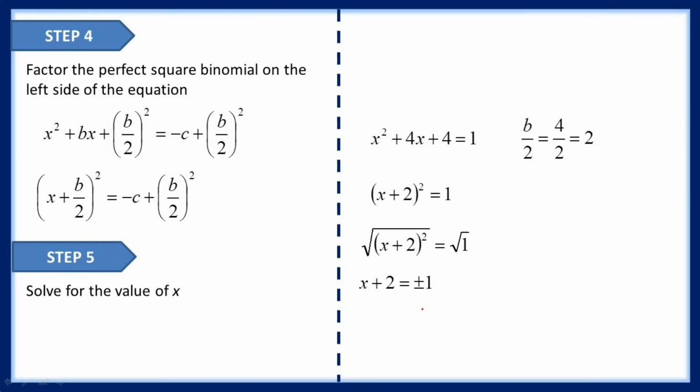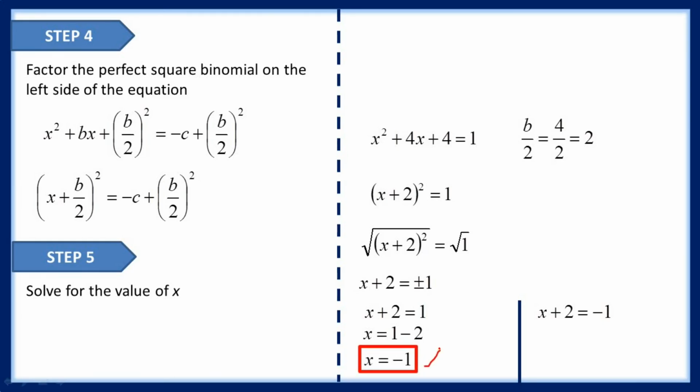Then solving for the value of x, ang gagawin natin is we will be solving separately yung positive 1 and negative 1. Now we can solve here for our first one. For positive 1, we will be using addition property of equality para si negative 2 mapunta sa kabila. This will become 1 minus 2, x is just equal to negative 1.